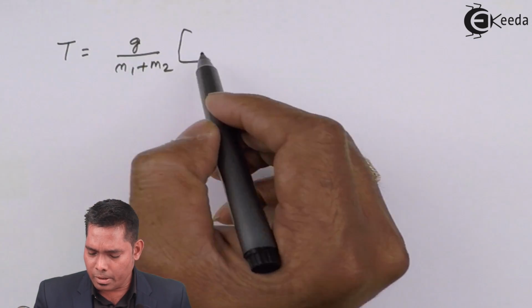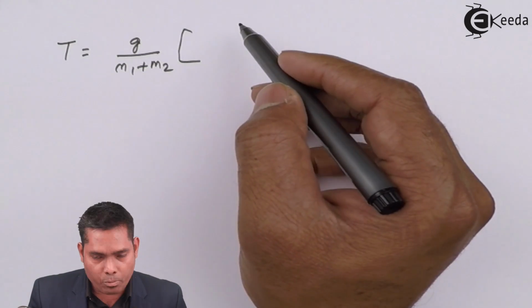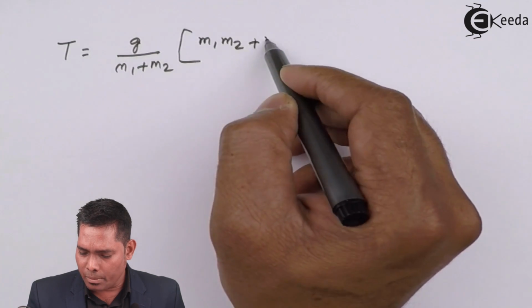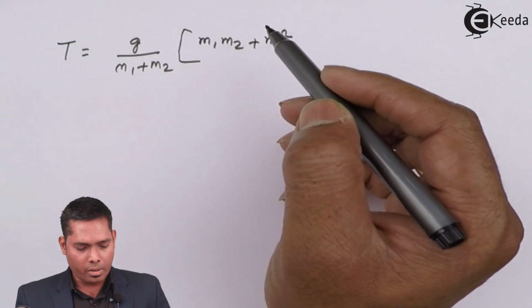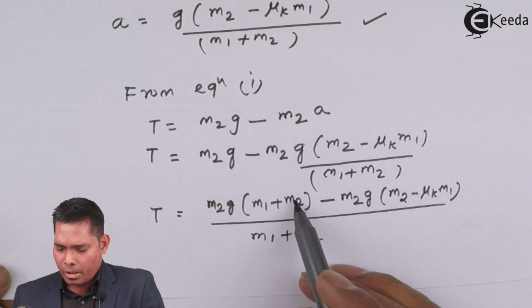Okay, now what is left? m2 is multiplied with m1 plus m2, so it will be m1 m2 plus m2 square. This will be m1 m2, this will be m2 square.